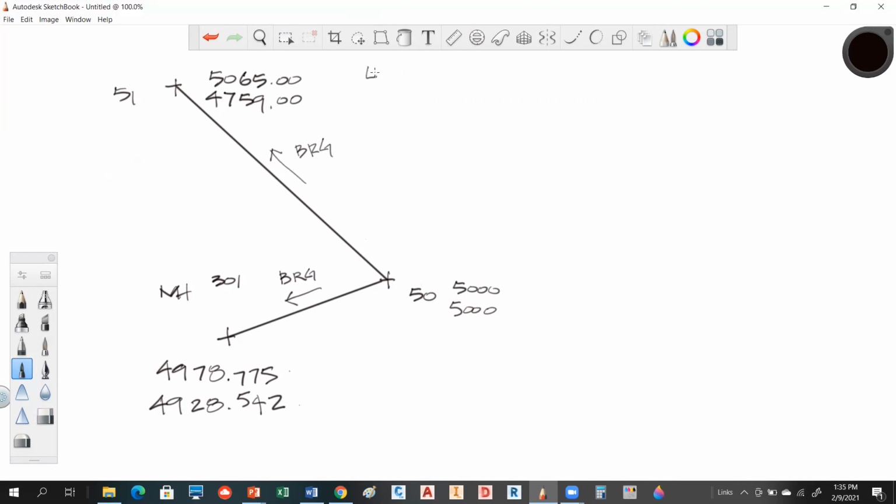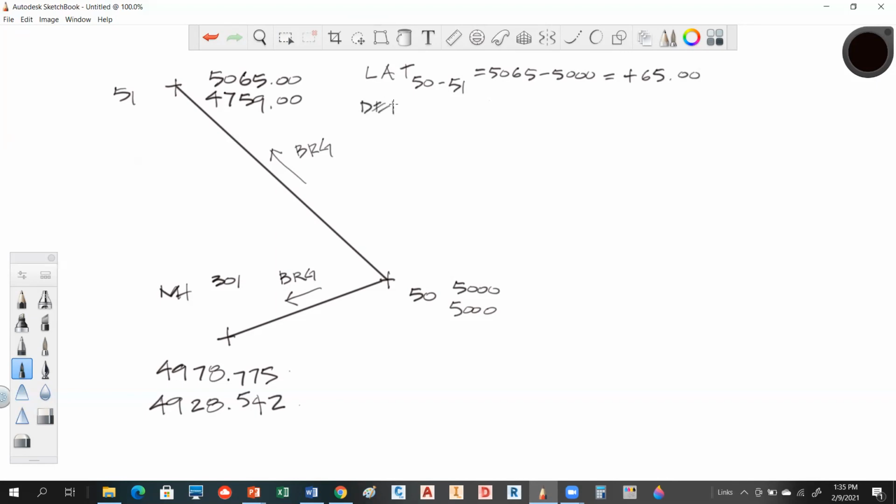So I'm going to want the latitude. I'm not going to write everything out this time. I want to go 50 to 51. So what would I subtract? The northing of 51 from the northing of 50. Right. So we're going to have 5,065 minus 5,000. Well, you can see what that gives us: plus 65.00, right?